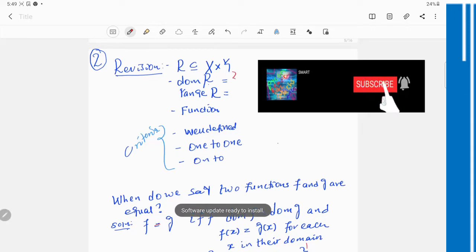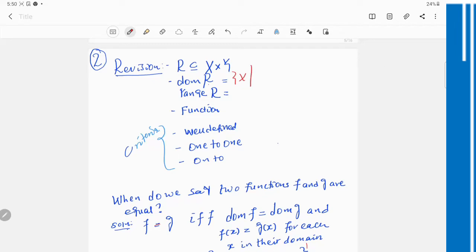The domain of a relation is the set of all first components x in X such that the ordered pair (x, y) is in R for some y in Y. Also, we define the range as the set of all second components y such that the ordered pair is in R for some x in X. So this is the definition of domain and range, and we saw some examples.